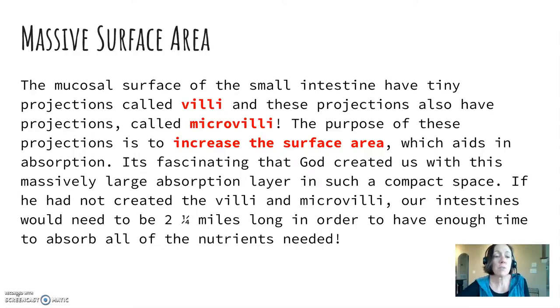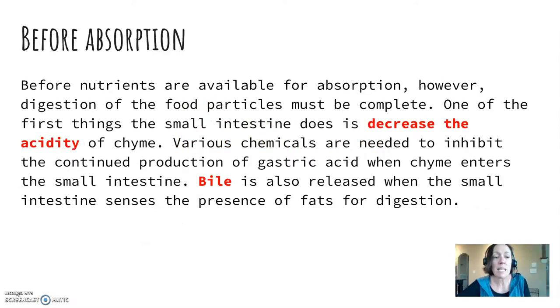The purpose of the projections on top of the projections is simply to increase the surface area, and that aids in absorption. It's fascinating that God created us with this massively large absorption layer in such a tiny little compact space. If He hadn't created villi and microvilli, our intestines would need to be 2¼ miles long in order to have enough time to absorb all the micronutrients that we need.